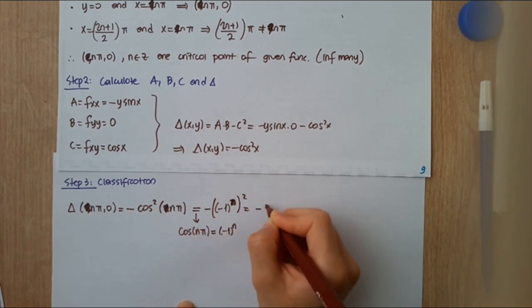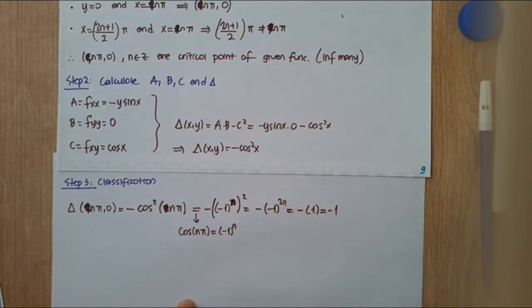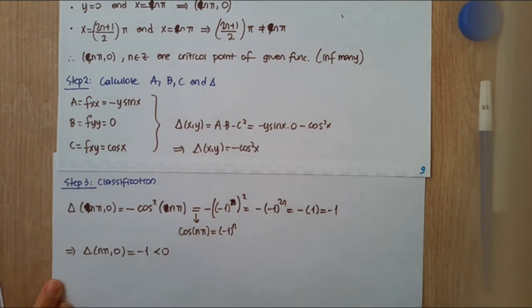So I have minus 1 to the 2n, which is 1, so minus 1 directly. Okay, so delta at (n pi, 0) is minus 1, which is less than 0. If it is less than 0, those critical points (n pi, 0) are saddle points.